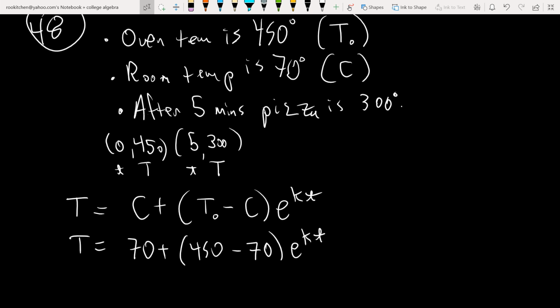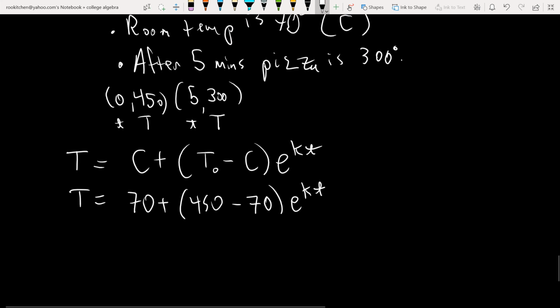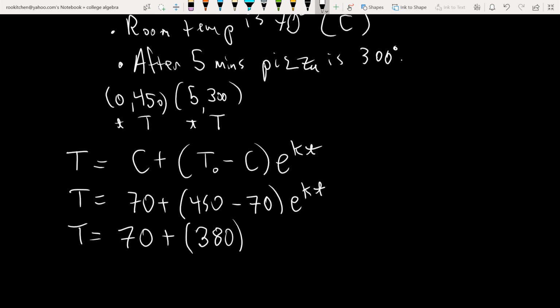The only thing we really have to worry about is that k, the cooling constant. Anyways, we'll have 70, 450 minus 70, which is 380. So that'd be 380 e to the kt.